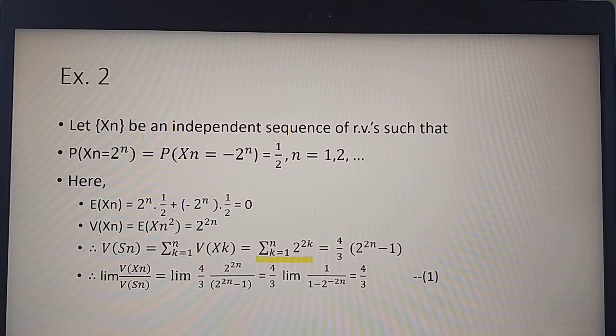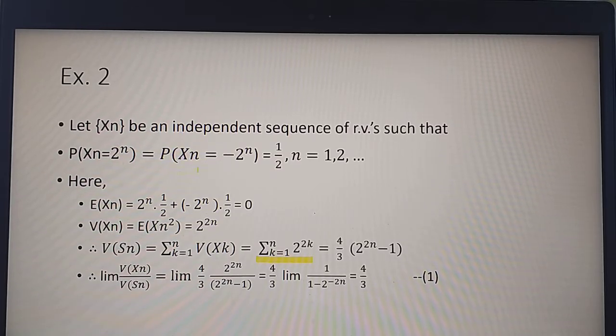In example 2, we have this. Xn is an independent sequence of random variables such that probability Xn is equal to 2 to the power n is equal to probability Xn is equal to minus 2 to the power n is equal to half, and n goes from 1 to infinity.